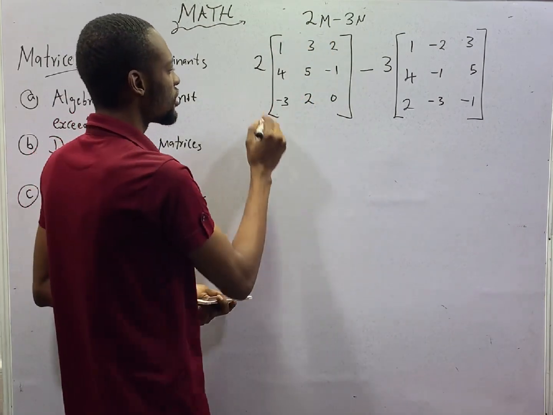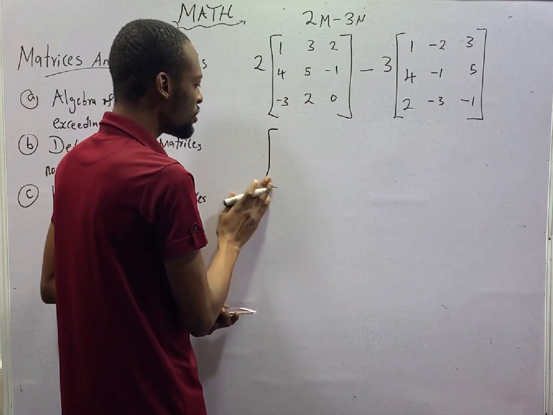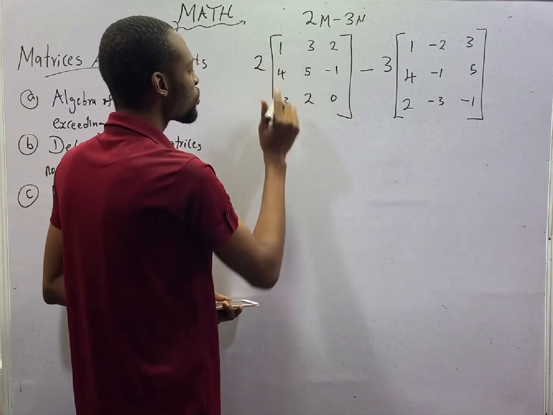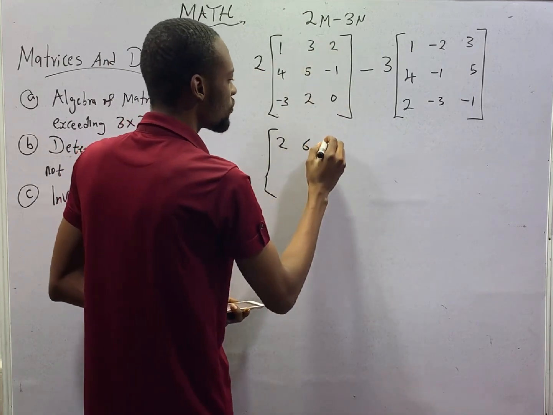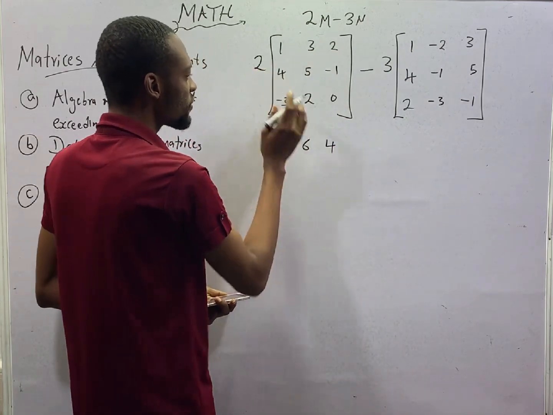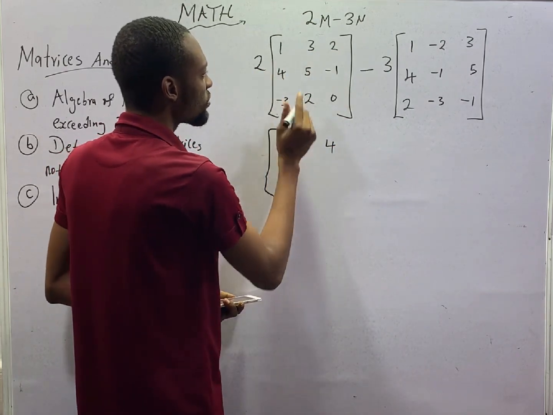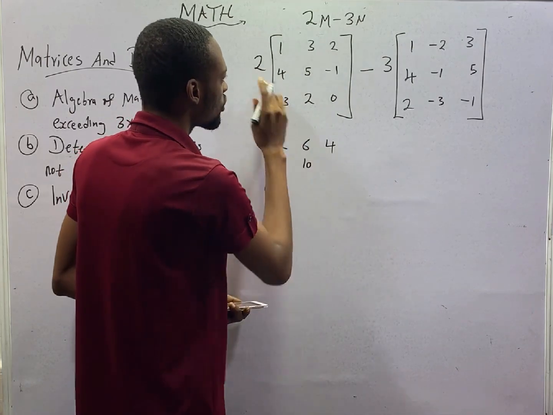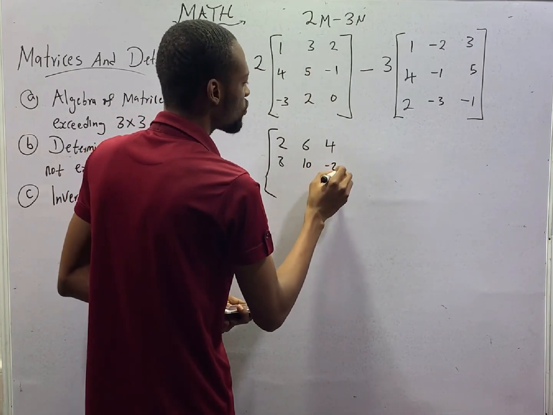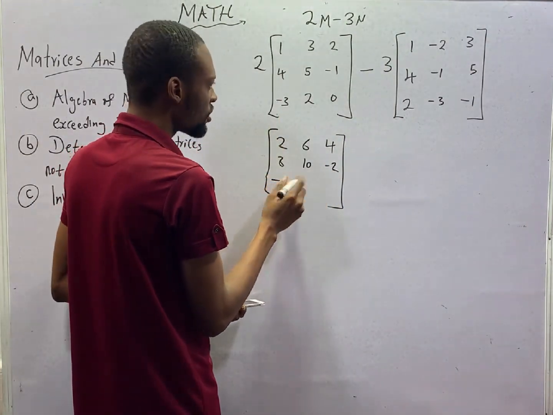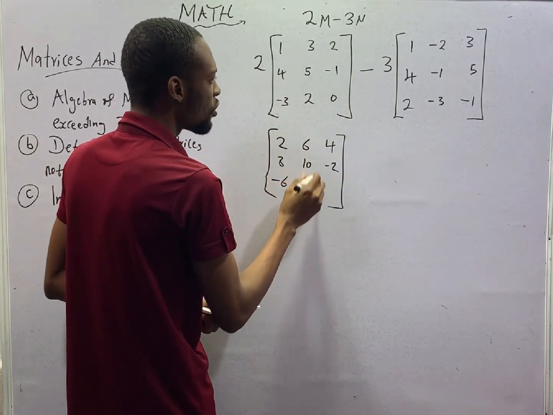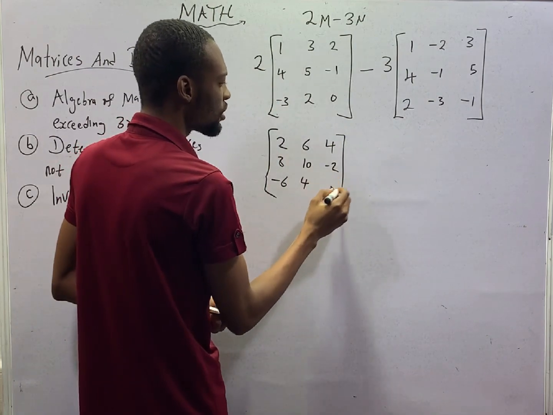In this case, 2 times 1 is 2, 2 times 3 is 6, 2 times 2 is 4, 2 times 4 is 8, 2 times 5 is 10, 2 times minus 1 is minus 2, 2 times minus 3 is minus 6, 2 times 2 is 4, 2 times 0 is 0.